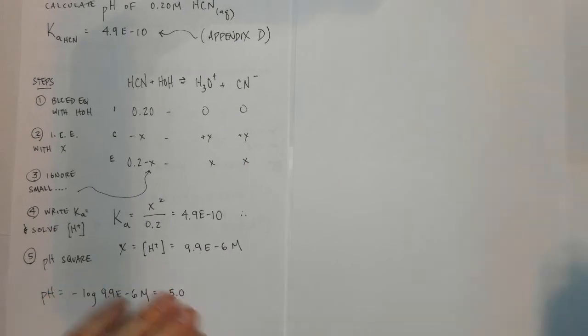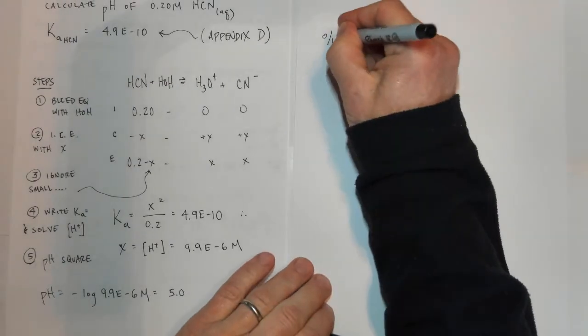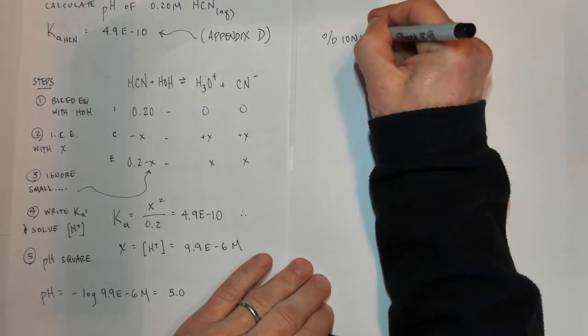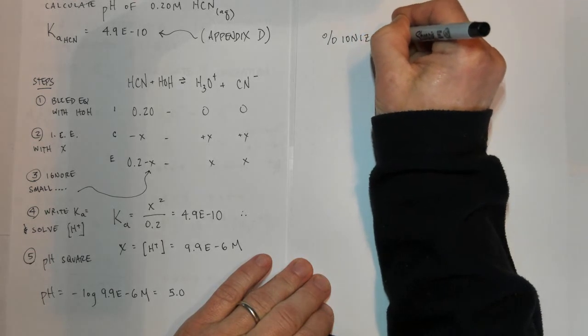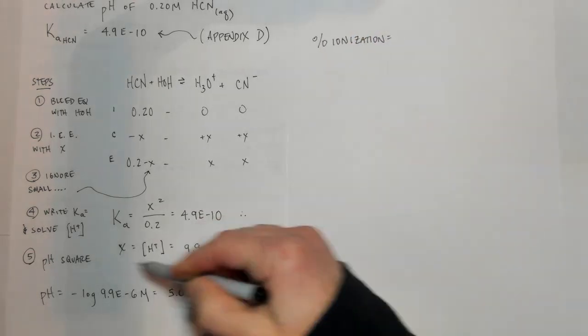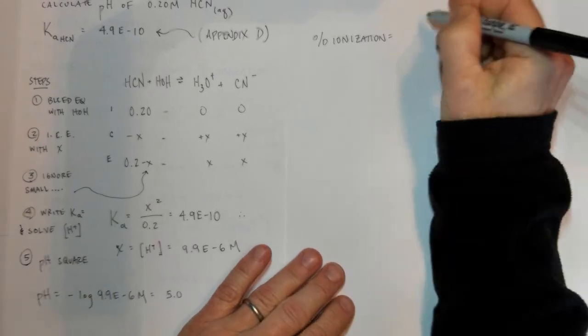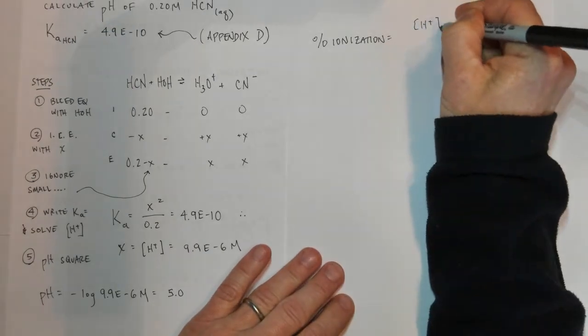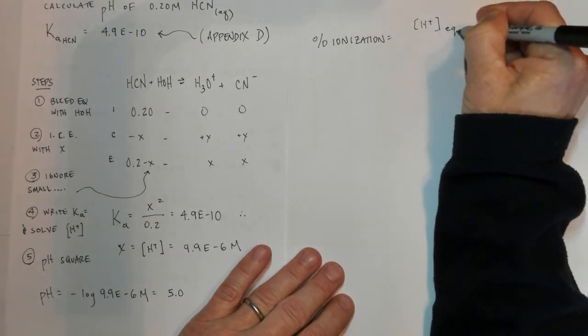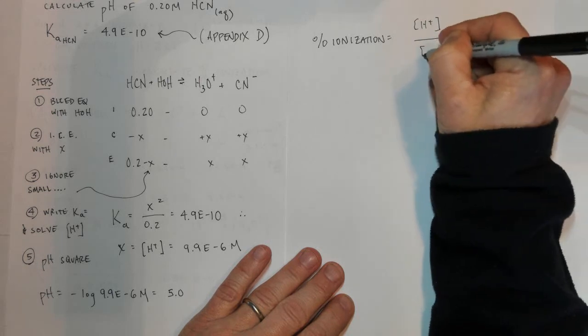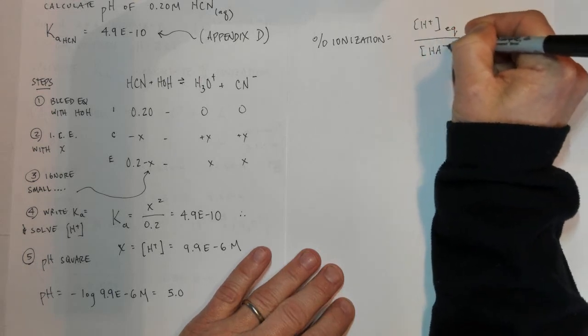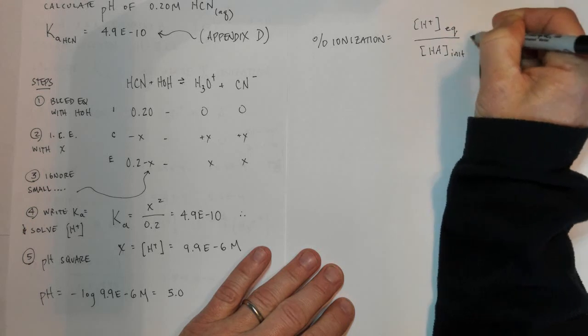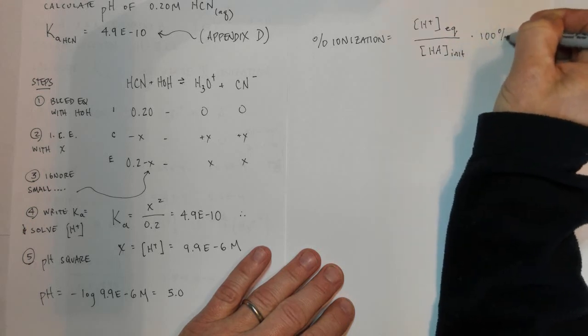Well, then you would calculate something called the percentage ionization. To find the percentage ionization, you would take the H plus, or the interesting ion concentration at equilibrium, and divide it by the initial concentration of the acid, and then multiply it by 100%.